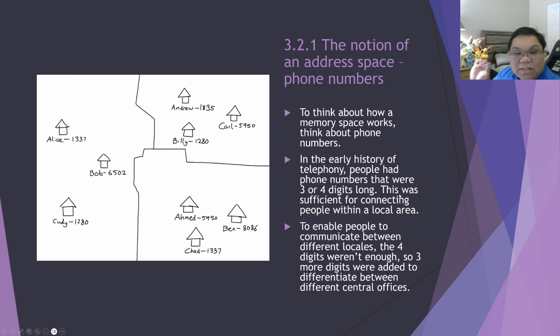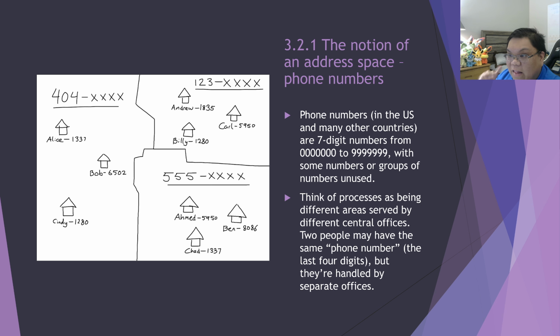We need some means of separating these two phone numbers, and that is what the next 3 digits in your phone number are for. Those are numbers for central offices. Think of a 7-digit phone number like this: we dial the first 3 numbers to connect to a central office, and the next 4 numbers are to whittle down the possible 10,000 people until we find who we're calling.